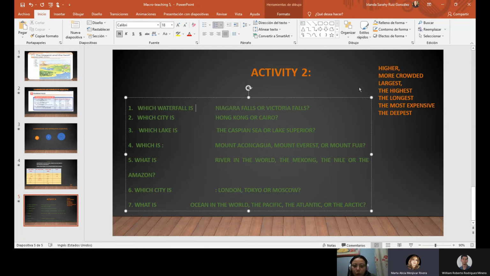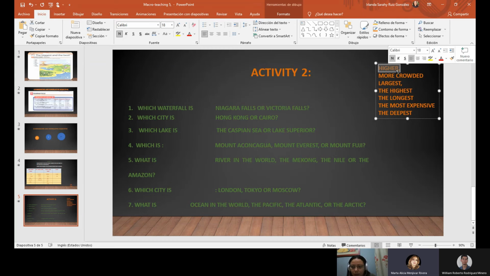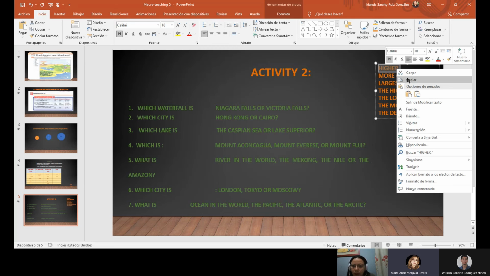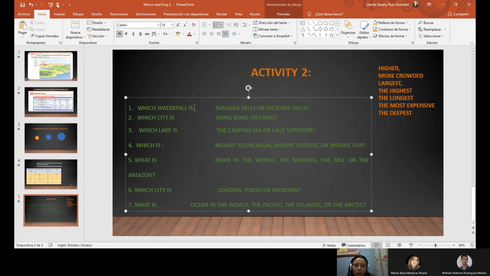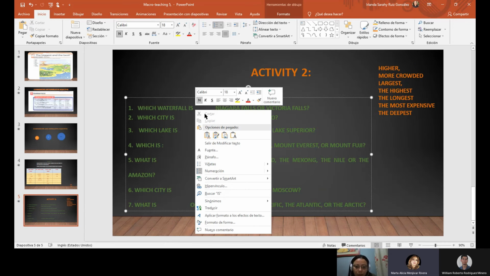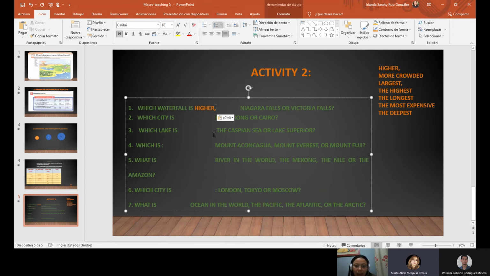Which waterfall is higher? Okay, you're right. Niagara Falls or Victoria Falls. Please write it in your notebook.